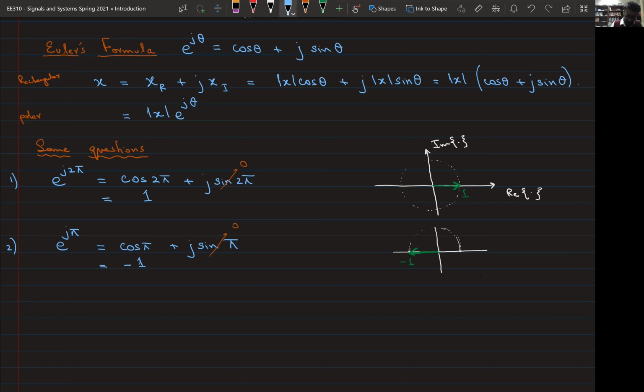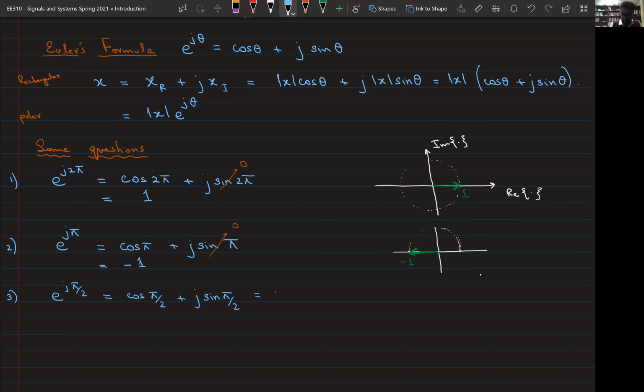And similarly, very quickly, what about e raised to power j pi by 2? What would this be? J. J, excellent, right? So this is cosine pi by 2 plus j sine pi by 2. And I know that cosine pi by 2 is 0, because cosine of 90 degrees is 0 and sine 90 degrees is 1.